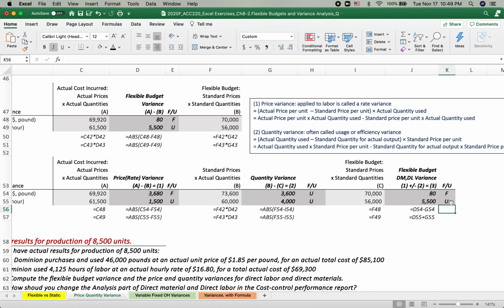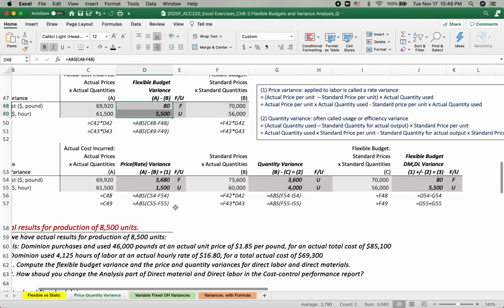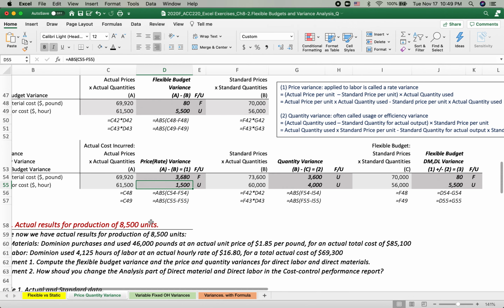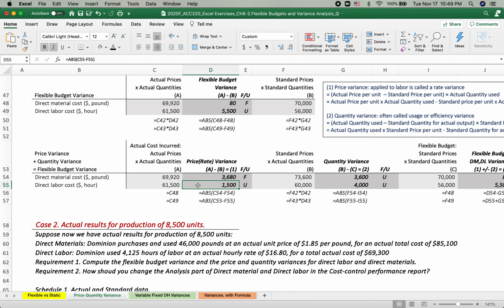Okay, the flexible budget variance is unfavorable, which is the same as what we calculated before, but when we analyze this direct labor cost in terms of the price variance and the quantity variance, we can say that the company now spent more money than expected in terms of the direct labor cost, labor rates. They hired the expensive labor, and then they used this expensive labor a lot.